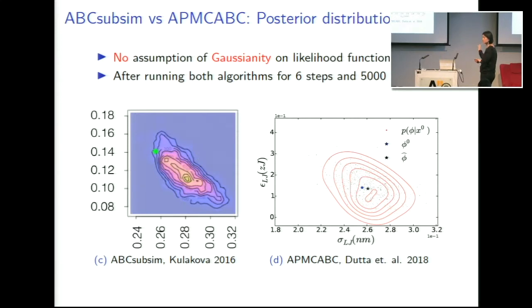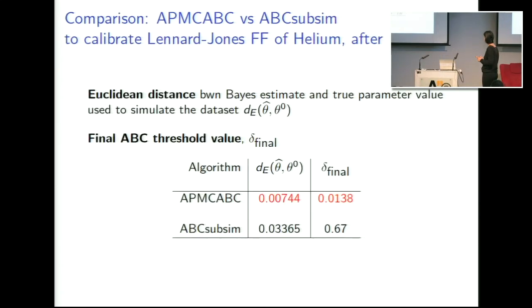This is on simulated data, so here we know the true value of the parameter. This is the posterior contour plot. They do a fairly good job, but not as good as what we do. Here you have the true and the estimated value of theta, theta 0 and theta hat, with our methodology. So we do a much better job.